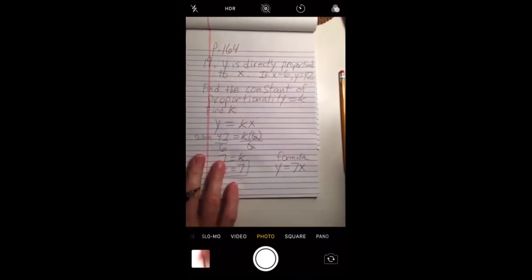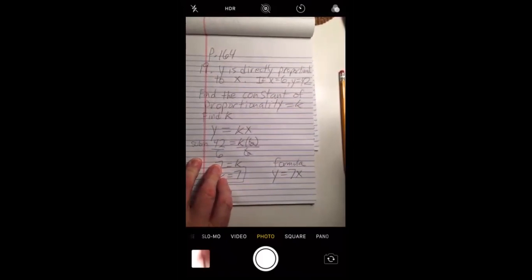How about 20? Well, you pick a whole bunch of different ones. All right, how about 25? Page 164, 25.